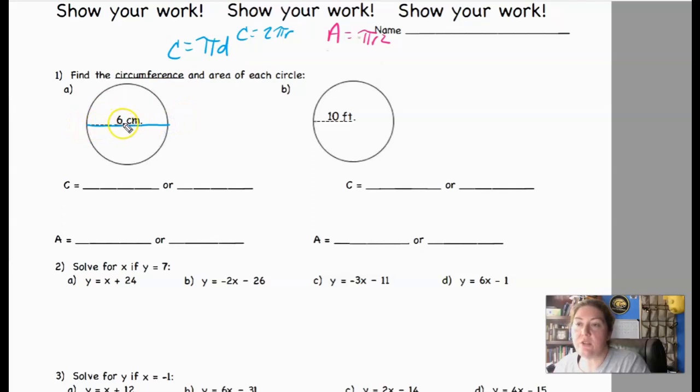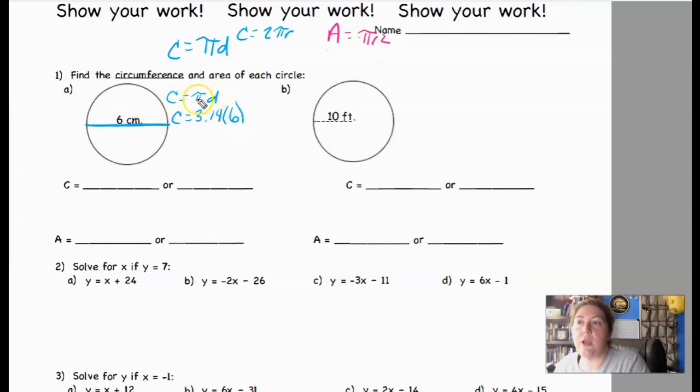This particular circle tells me that from one side all the way to the other side is 6 centimeters. So I'm going to use circumference equals pi d. I'm looking for circumference. I know that pi is 3.14, and I know that my diameter is 6.